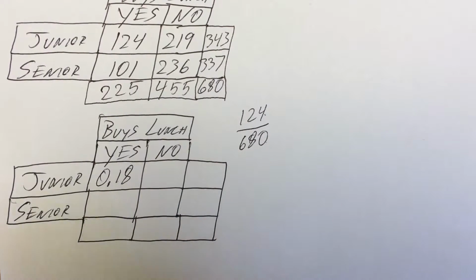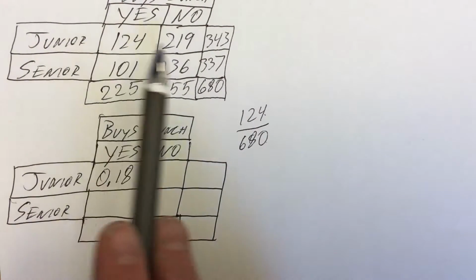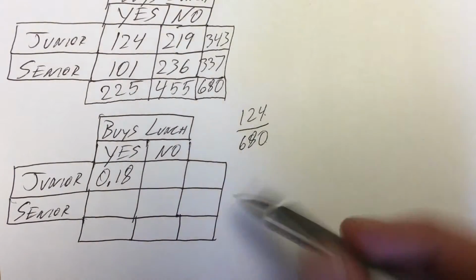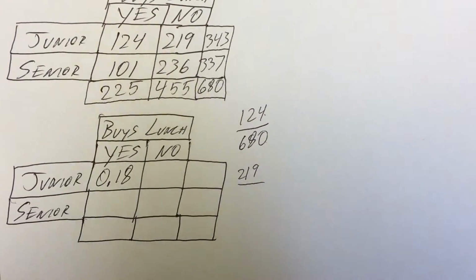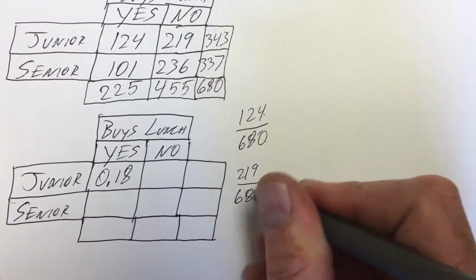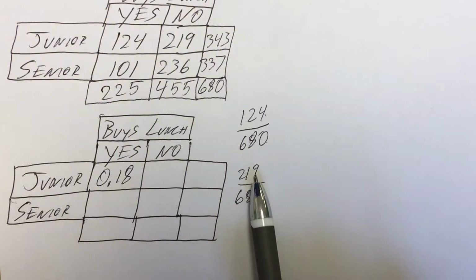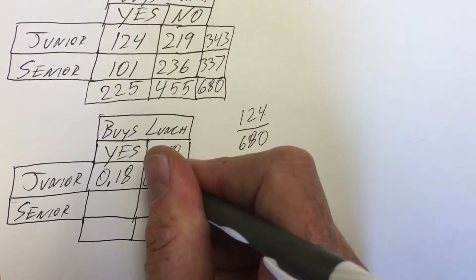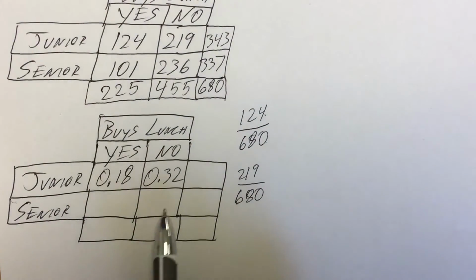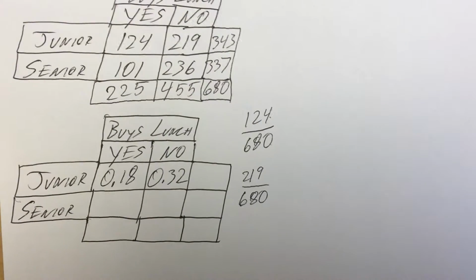We can do the same for each of the other columns. For example, juniors that said no would be 219 divided again by the total 680. 219 juniors said they do not buy lunch at school, divided by the total number surveyed, 680. As a decimal again, rounded to 2 decimal places, this would be 0.32 or 32%.